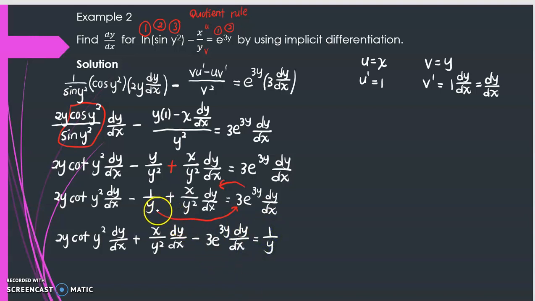So from negative, when I move to the right hand side, positive 1 over y. Same for this one. From positive 3 e^(3y) dy/dx, when I move to the left hand side, here will become negative.